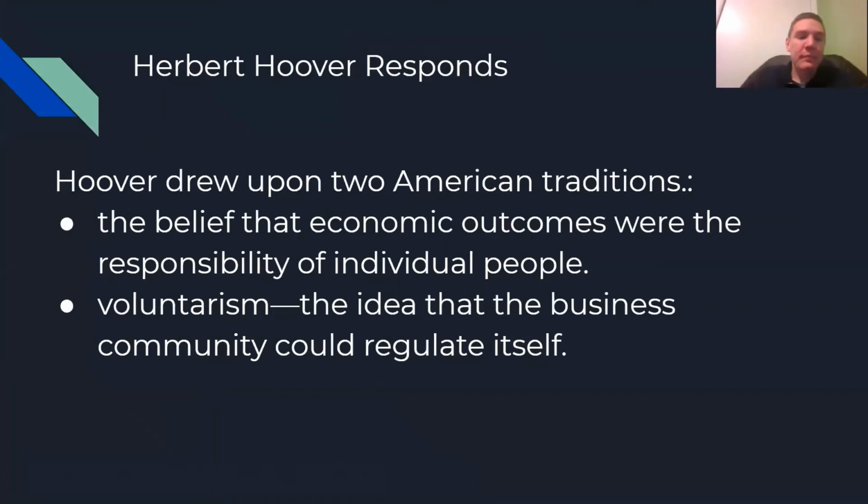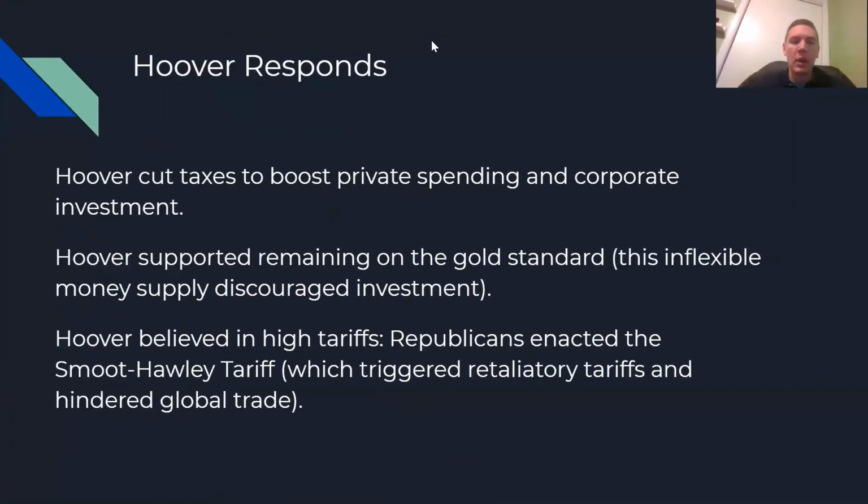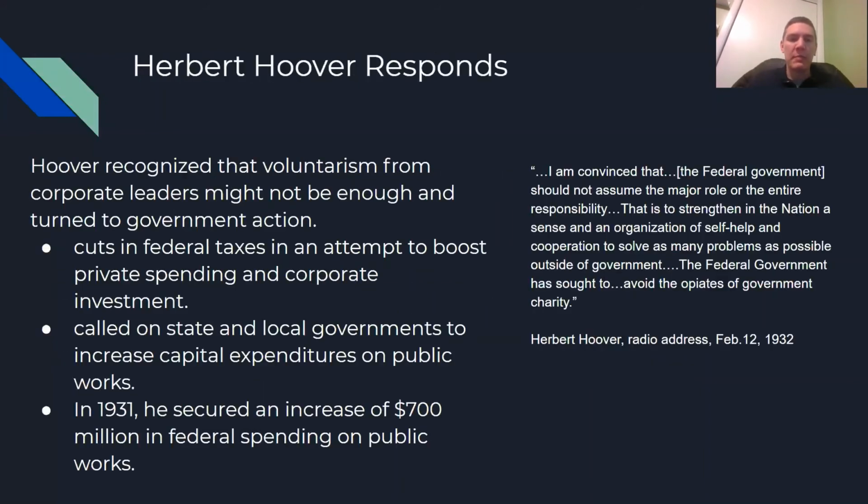And rugged individualism, that individual peoples have the responsibility to get themselves out of this economic problem. So Hoover believes in cutting taxes, that the government should not do that much to help the people, because of rugged individualism, the people should be able to help themselves.